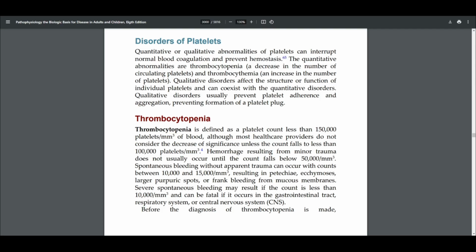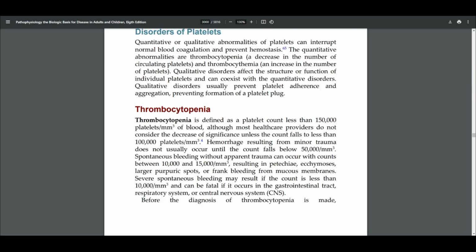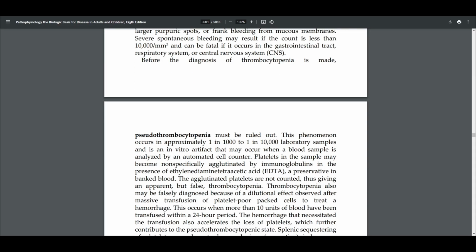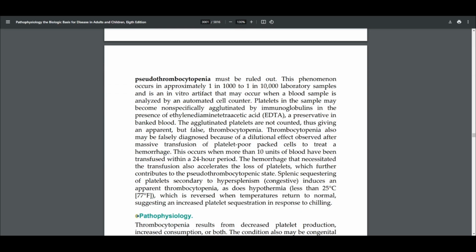Before the diagnosis of thrombocytopenia is made, pseudothrombocytopenia must be ruled out. The phenomenon occurs in approximately 1 in 100,000 to 1 in 10,000 lab samples and is an in vitro artifact that may occur when a blood sample is analyzed by an automated cell counter.